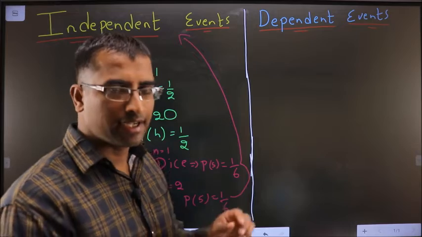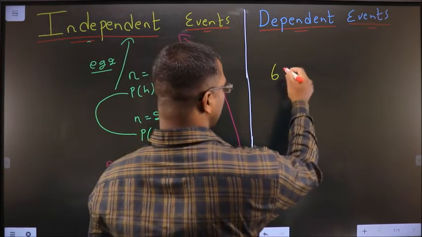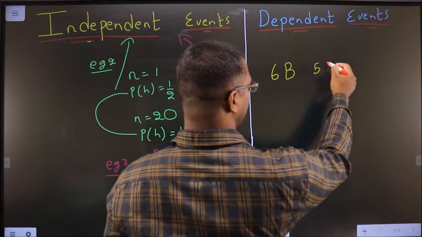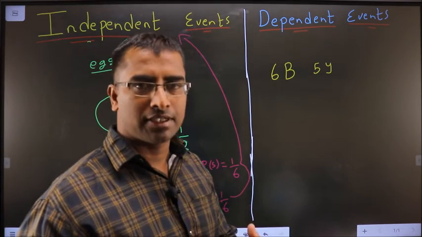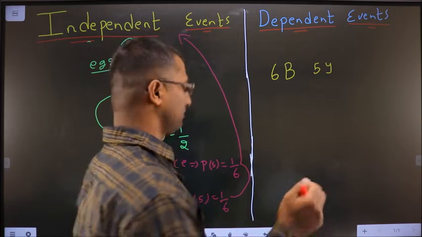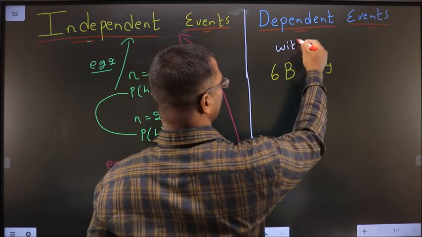Example 2. Let us say in a bag there are 6 blue marbles and 5 yellow marbles. I want to select 2 marbles at a time without replacement. Stress on this: without replacement.